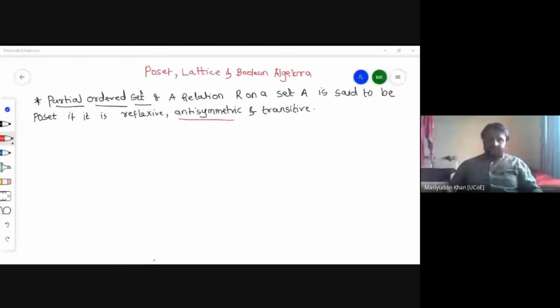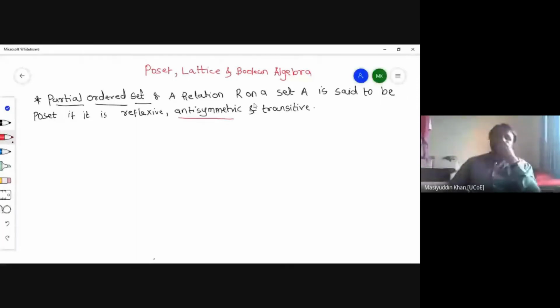Okay. A relation R on a set is said to be poset if it is reflexive, antisymmetric, and transitive. So if three conditions are defined, then we can say that that thing is a partial ordered set.